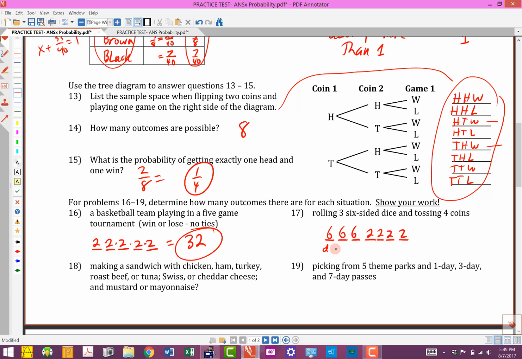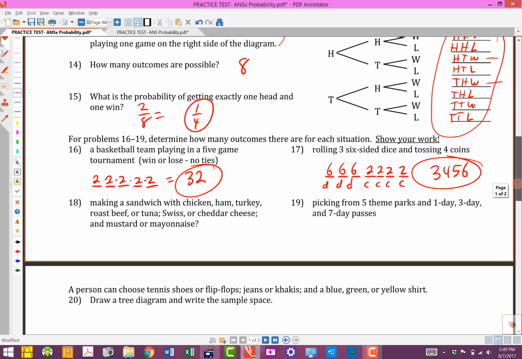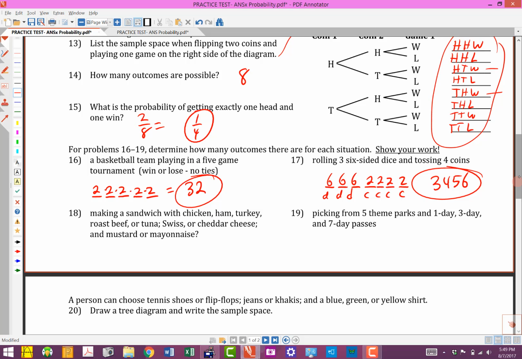So this is a die, a die, a die, and this is a coin, a coin, a coin. When we multiply all those together, you can go ahead and do that on your calculator. You get 3,456. And again, the great part about that is you've got this gigantic number in your sample space, a huge number of outcomes there, but they were really easy to find because we could use the fundamental counting principle.